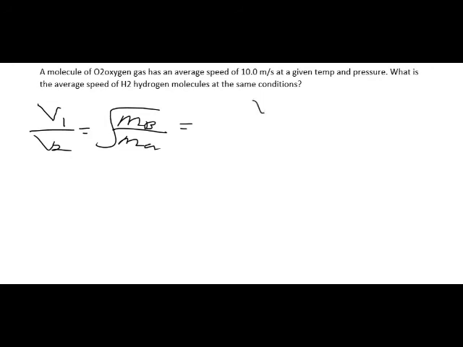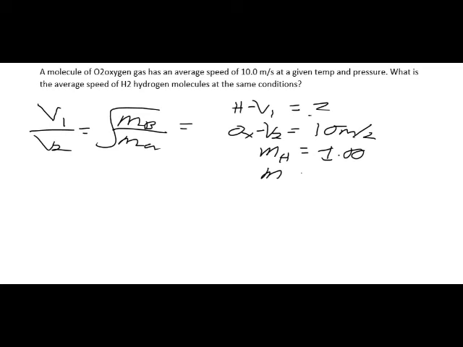V1 is unknown. V2 is 10 meters per second. V2 is oxygen, and A is hydrogen. So molar mass of hydrogen is 1, and molar mass of oxygen is 16. Remember, there are 2 oxygen. Oh, sorry, 16 times 2, so basically 32.